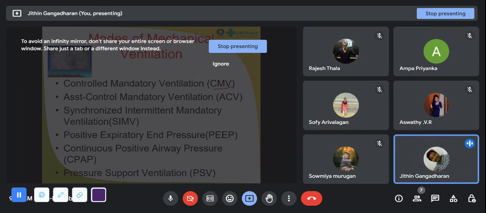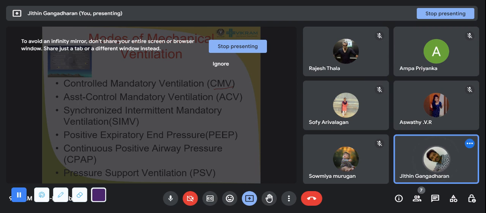But first we'll move the patient to assist control mandatory ventilation, as the name itself indicates. Here the client triggers the machine, so the rate may vary.